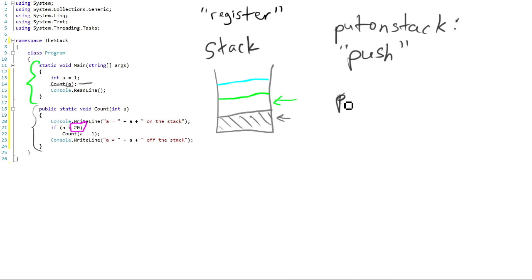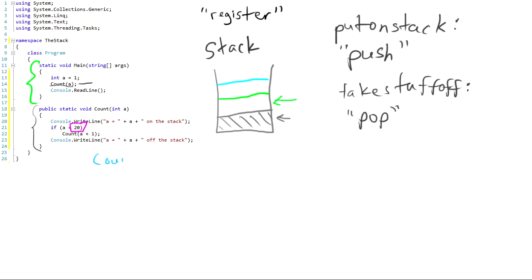And when you take stuff off, this is called popping. You push stuff onto the stack, and you pop stuff off of the stack. So now that we know how the stack works, what exactly happens when you call a method?